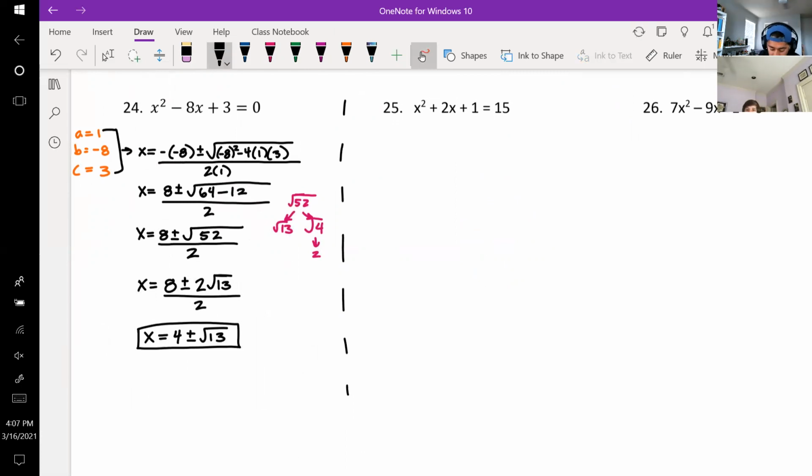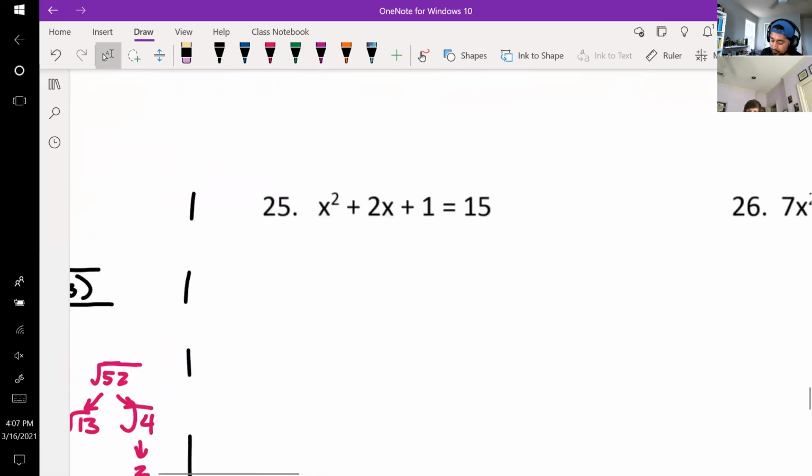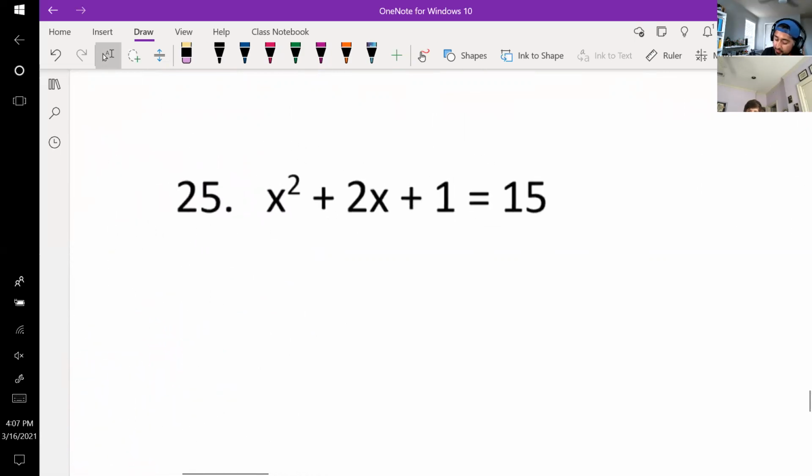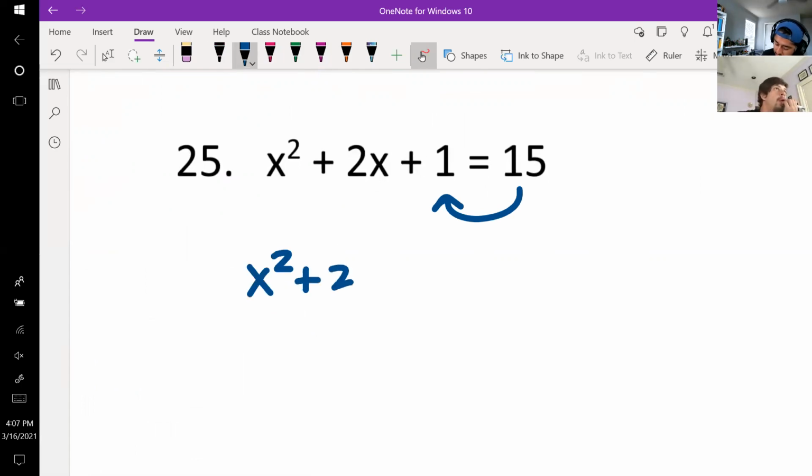Okay. 25. x squared plus 2x plus 1 equal to 15. All right. So we want to put this into proper form. So you're going to move that 15 over. We'll subtract 15, and that'll give you x squared plus 2x minus 14 equal to 0.